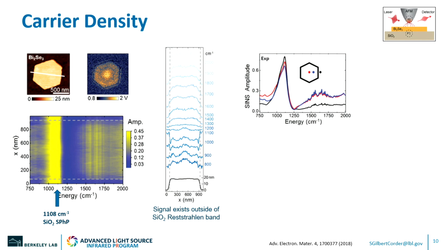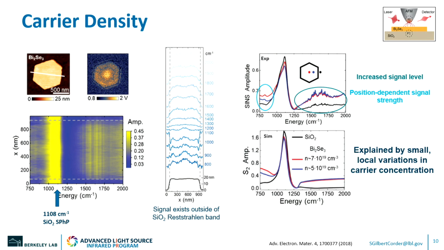So if we look at 3 specific positions on this little crystal, one in the bright spot in the center, one in the darker spot around the edge, and then in the SiO2 substrate, we indeed see very different spectral responses. So there's a general increase in the signal level within the bismuth selenide, but then we also see this position-dependent signal strength here at the end.